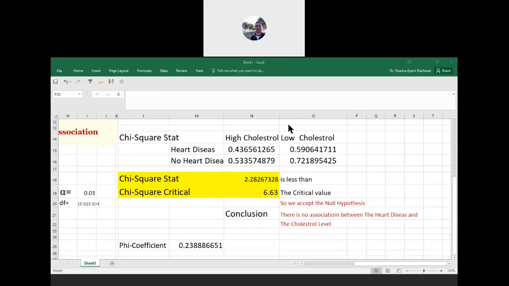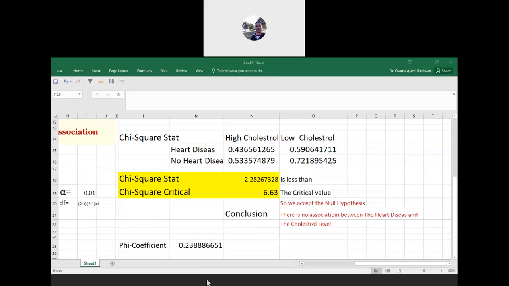Sure. Yes. Doctor, for the degree of freedom, we have the total sample. Why did we choose the category? Why didn't we subtract from the sample? No, this is the definition of the degree of freedom in the chi-square test for association. The degree of freedom is the number of categories of the first variable minus 1, which is, if it is in the rows, the number of rows minus 1, and the other categorical variable in the columns.